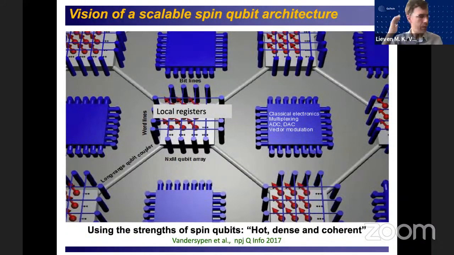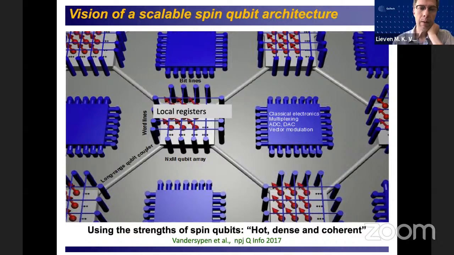So let me close with a bit of perspective on what a future large-scale quantum computer could look like based on spin qubits. And this image comes from a paper that I wrote with colleagues in the field, where we try to really paint a picture of what this could look like. We envision local registers of qubits, probably in 2 dimensions, at least a ladder, but probably 2 dimensions.